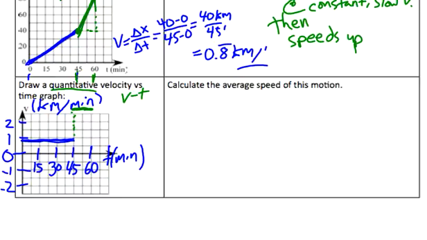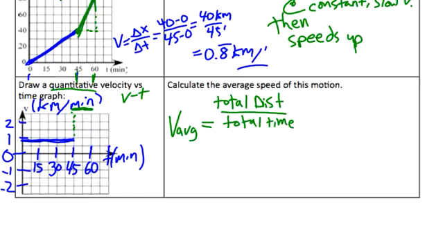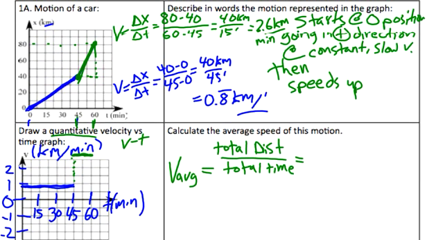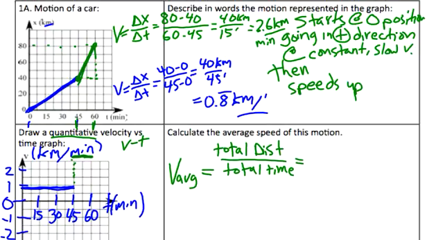So what's the average speed? We're going to write it like this. The average speed is the total distance over the total time. Well, I need to calculate the distances. That's distance, not change in position.